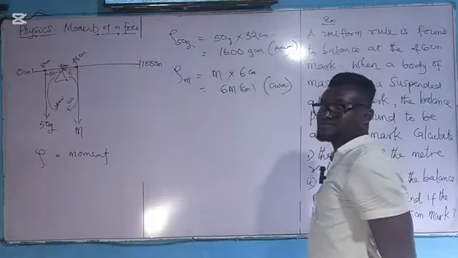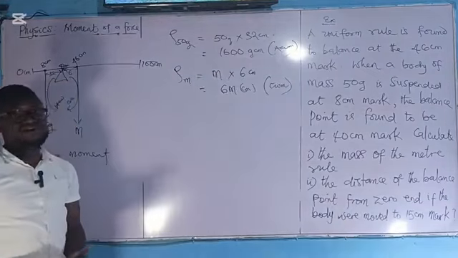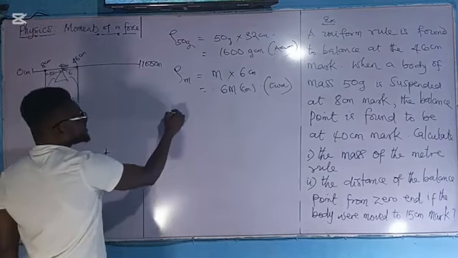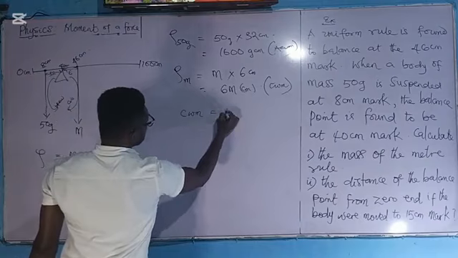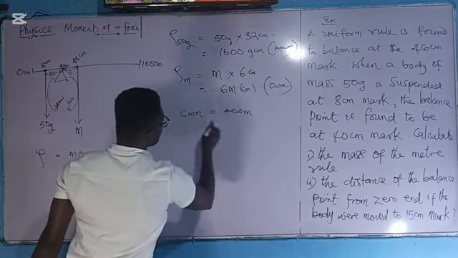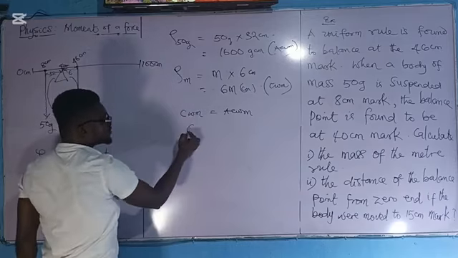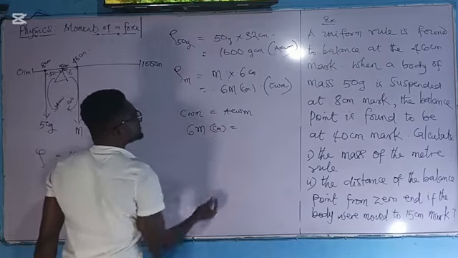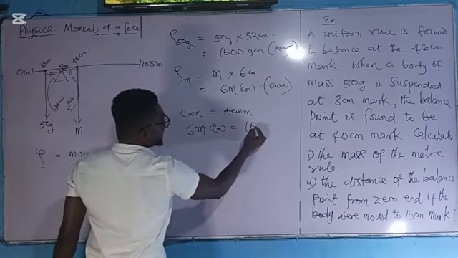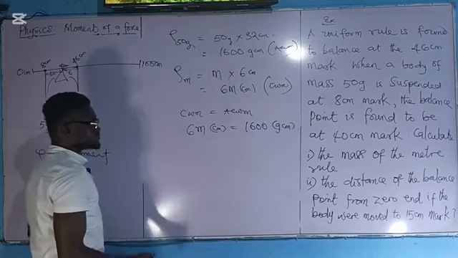Clockwise moment. And from the principle of moments, the anti-clockwise moment must be equal to the clockwise moment, right? So 6M centimeter is equal to 1,600 gram centimeter.